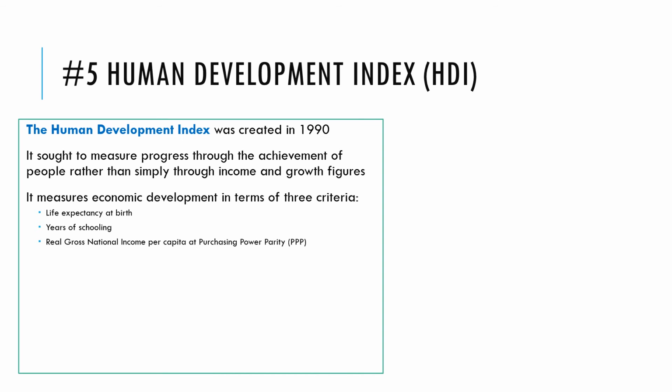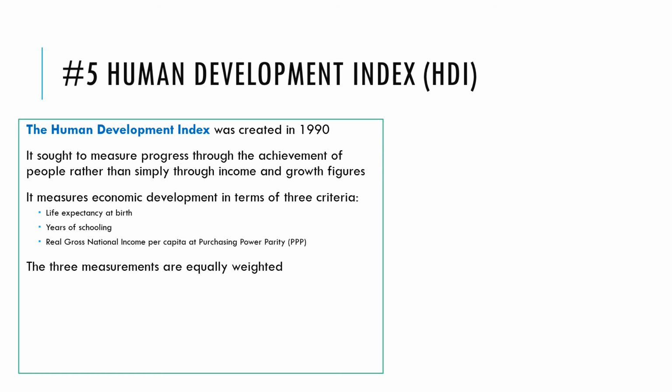So it looks at 3 criteria. First of all, life expectancy at birth. Secondly, the number of years of schooling. And then lastly, the gross national income per person. So what is the income per person? What is the quality of the education? And what is the quality of the health? That's what they're trying to get out through these 3 measures.